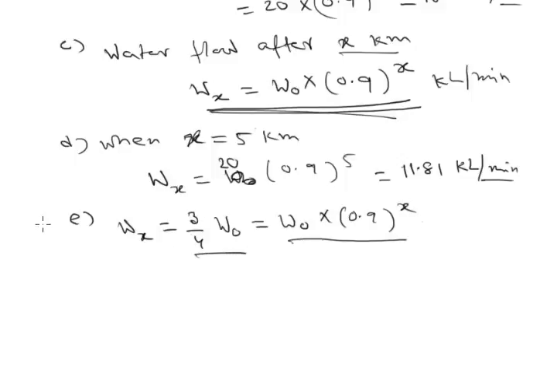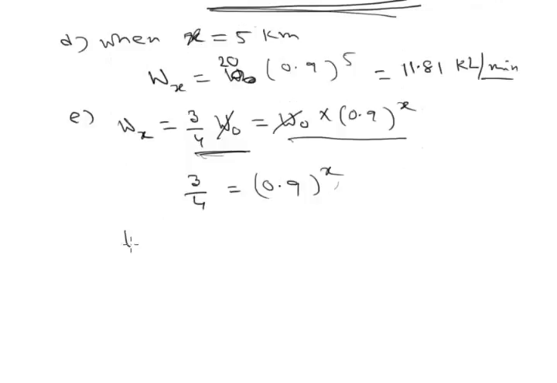That means 1/4 is evaporated and 3/4 is still flowing. Now W0 will cancel, and we get 3/4 equals 0.9 to the power x. From here we need to find x, the distance in kilometer.